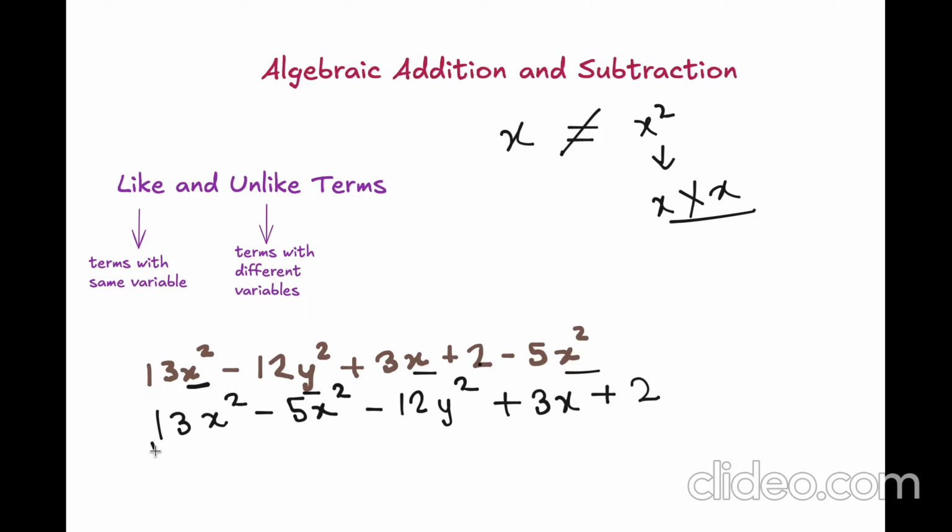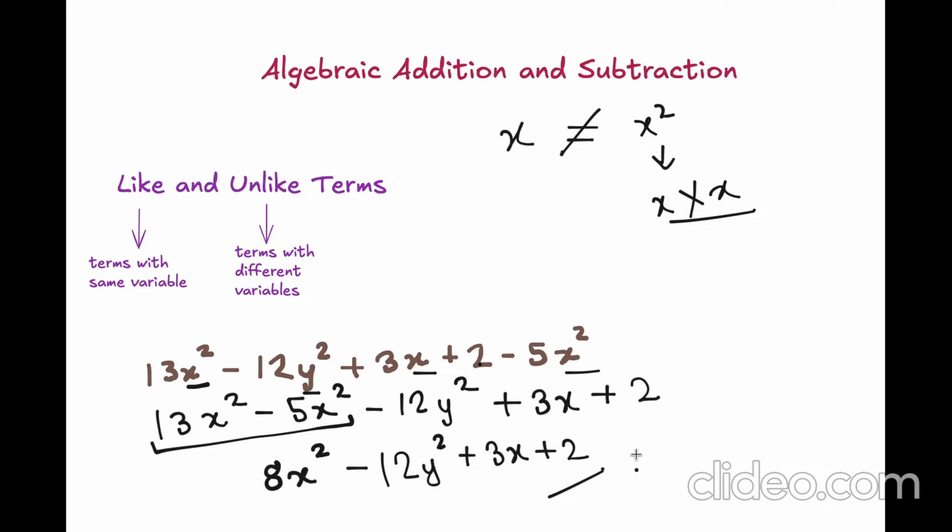So now 13x squared minus 5x squared. So x squared stays the same, and 13 minus 5, I'll have 8x squared, minus 12y squared plus 3x plus 2, which is the answer.